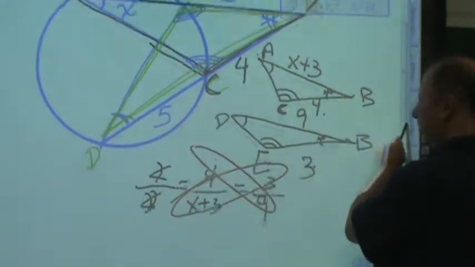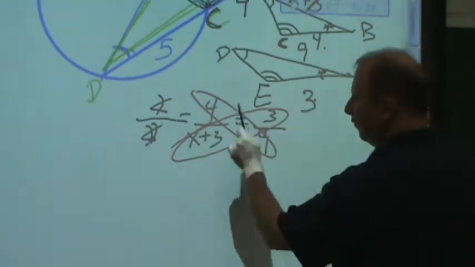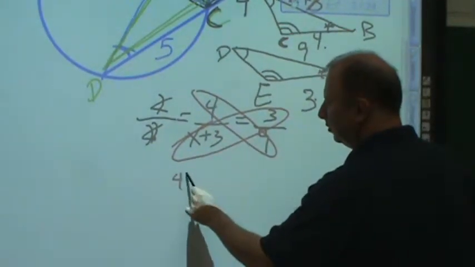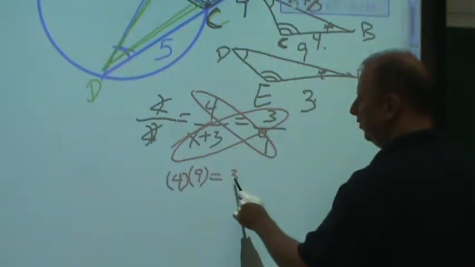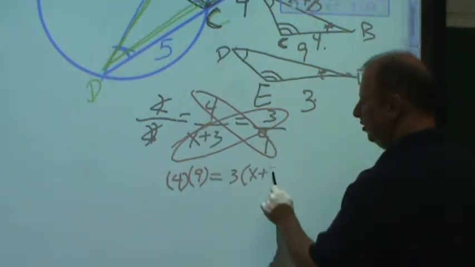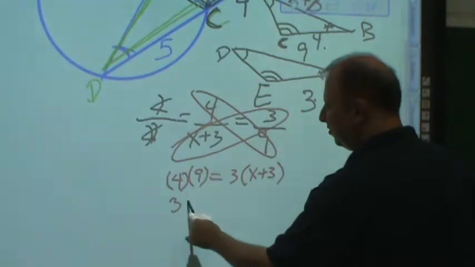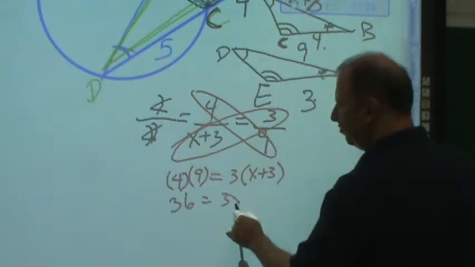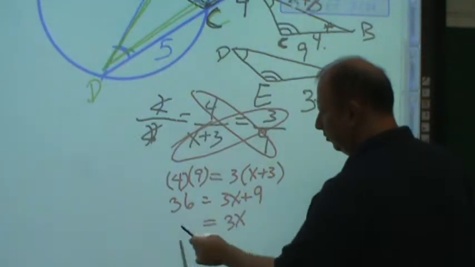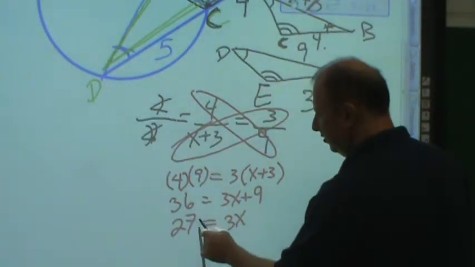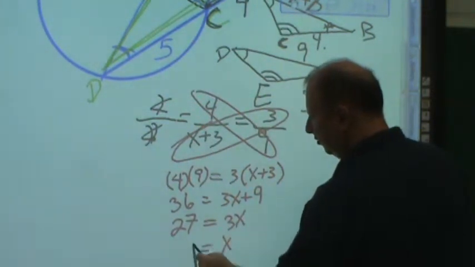We can say 4 times 9 is equal to 3 times x plus 3. So 36 is equal to 3x plus 9. 3x equals 27. x equals 9.